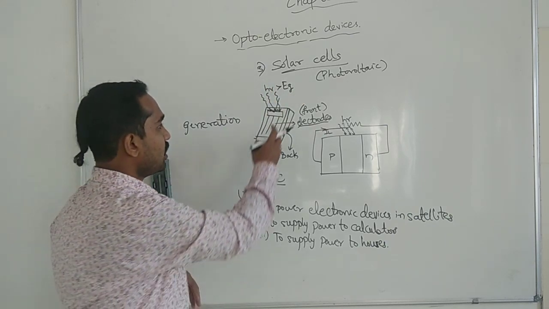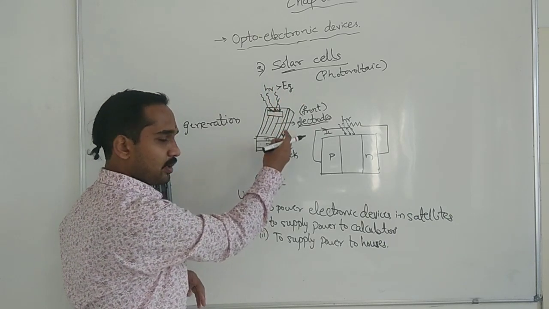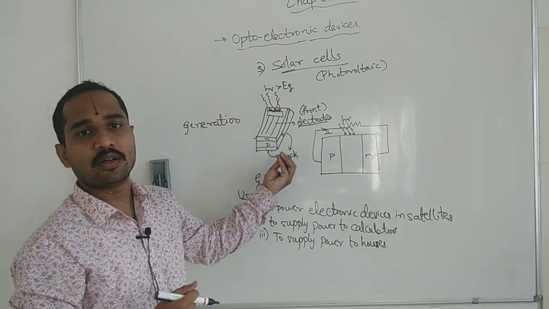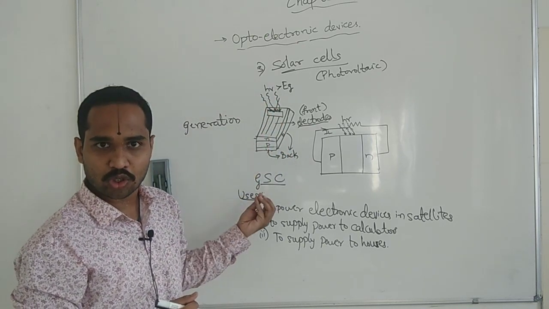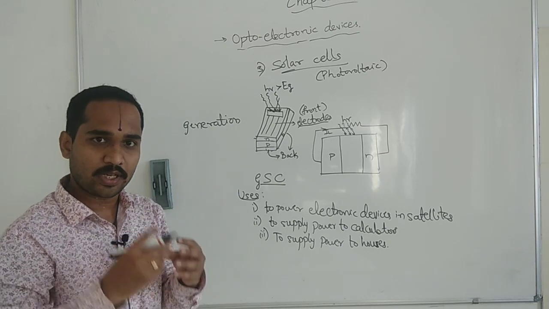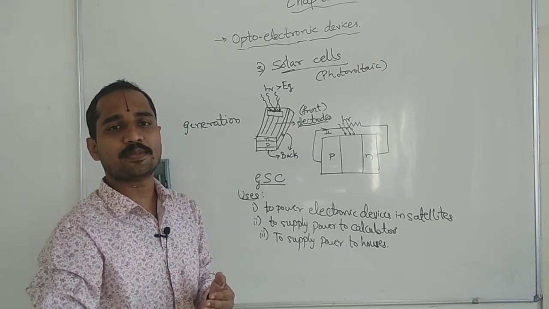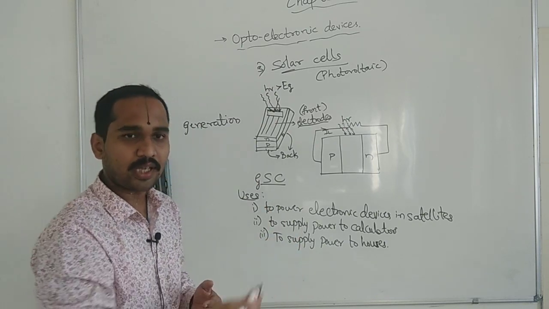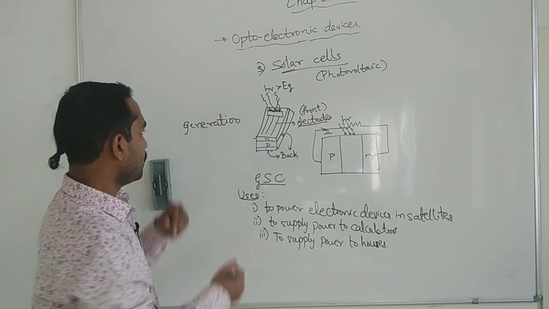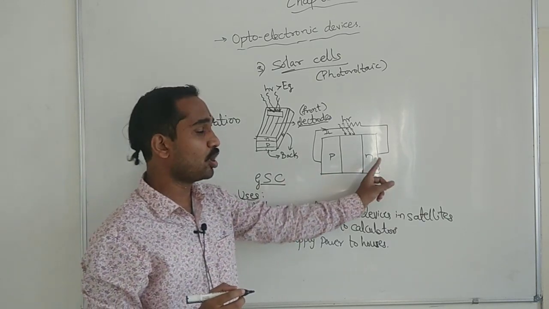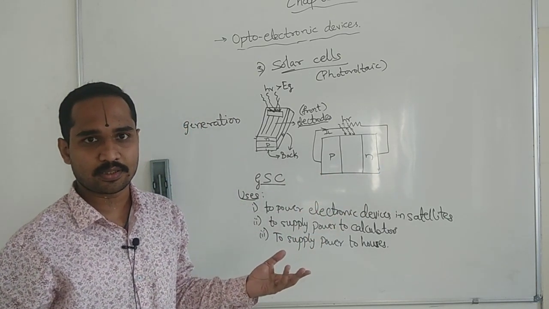Then what happens? The PN junction, when it receives such a high energy photon, the electrons will be getting the energy to jump from valence band to the conduction band, correct? And the generation of what? The generation of electron hole pairs takes place, correct?